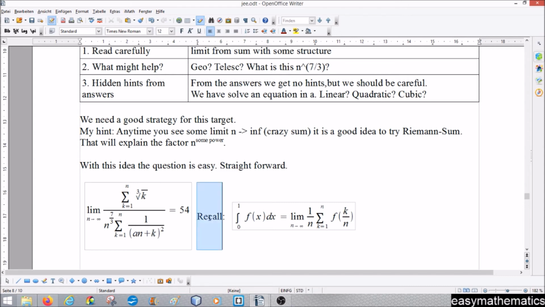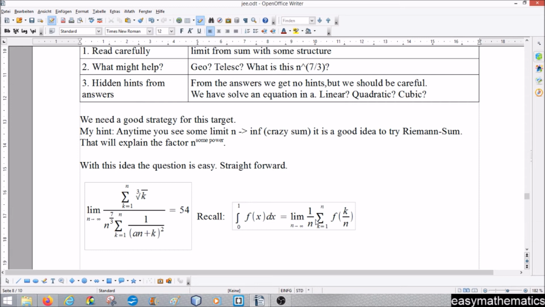And I make a small recall: the limit of 1 over n times the summation from k=1 to n of some function evaluated at k over n, as n goes to infinity, is exactly the definition of the integral from 0 to 1. This is called upper sum.